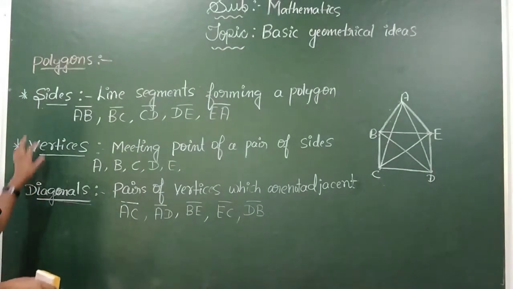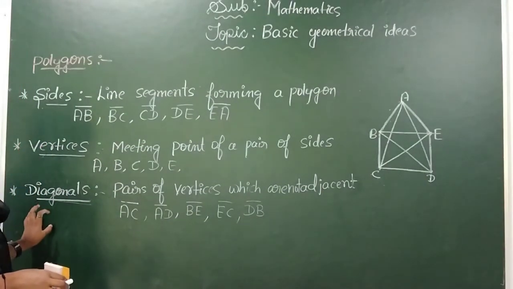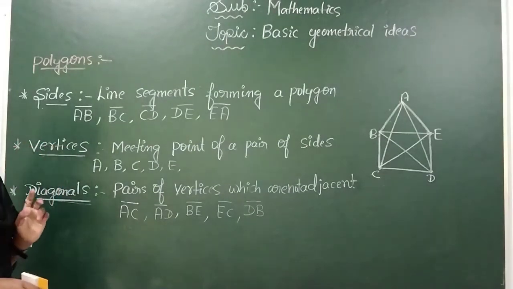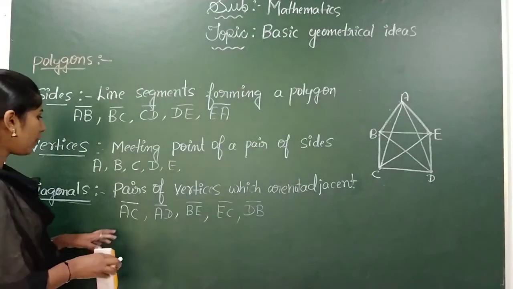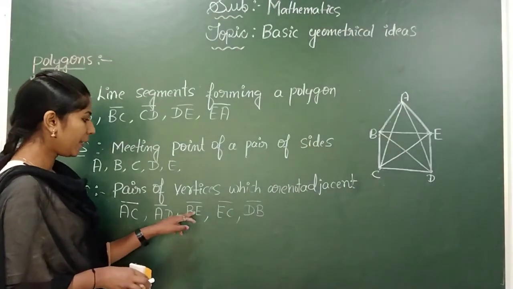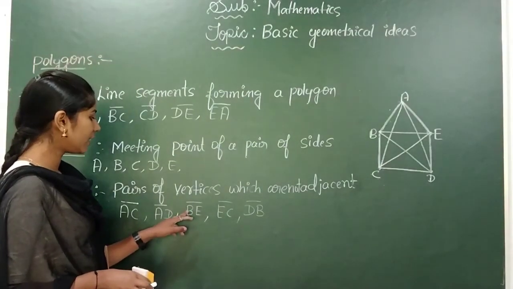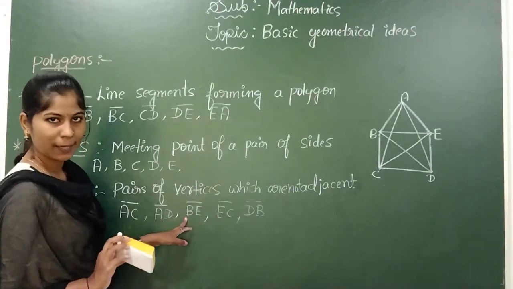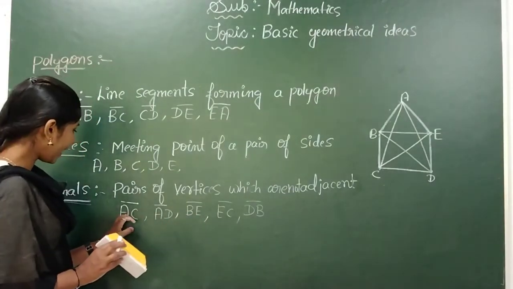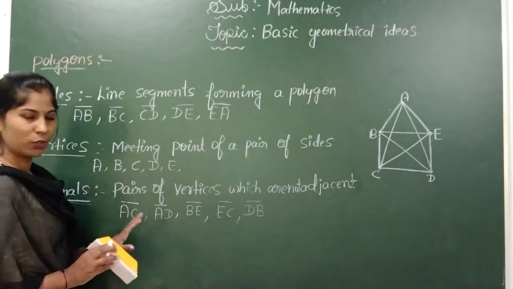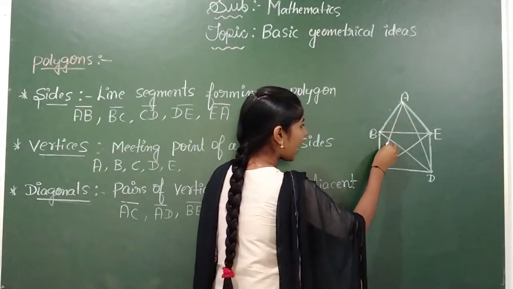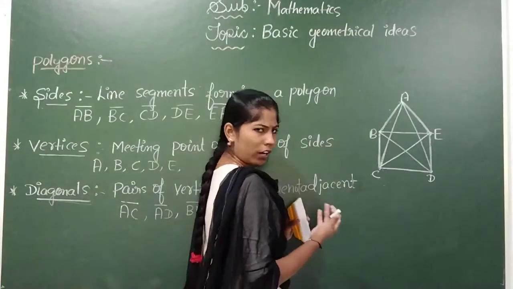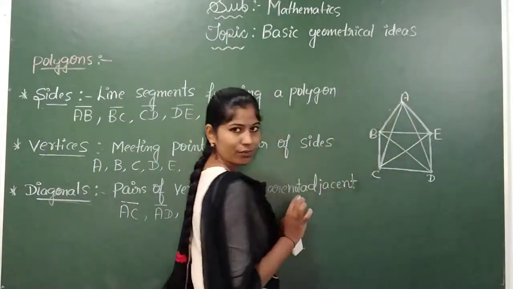This is all about the sides, vertices and diagonals of the polygon. These are all very important points. What is the meaning of BE? BE and EB both are the same. And AC and CA both are the same. Don't be confused. You can write this diagonal as AC or as CA. Okay?